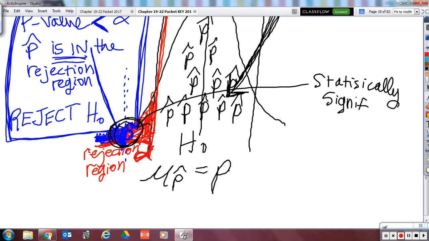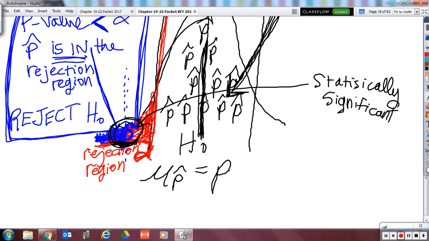Statistically significant happens because the data you got, the sample that you got, is so far away from what was expected. There's not really a way that this sample you got just happened because of chance.